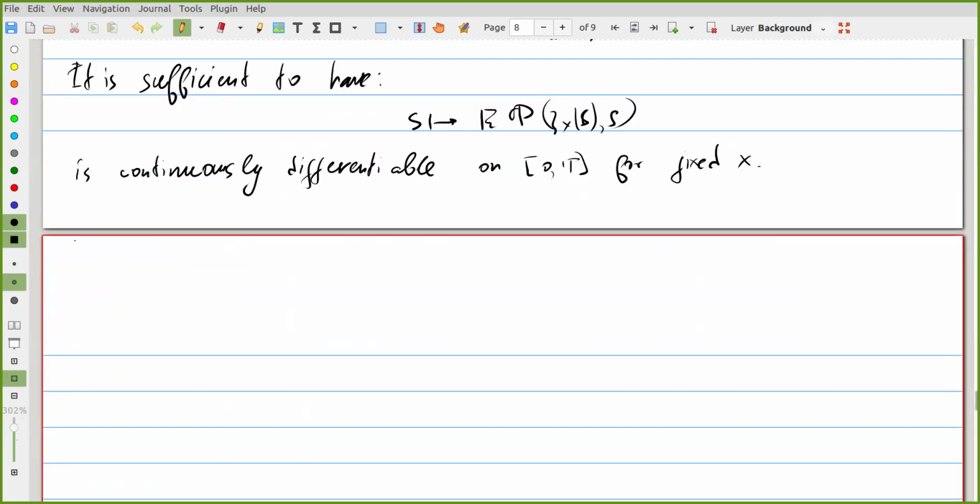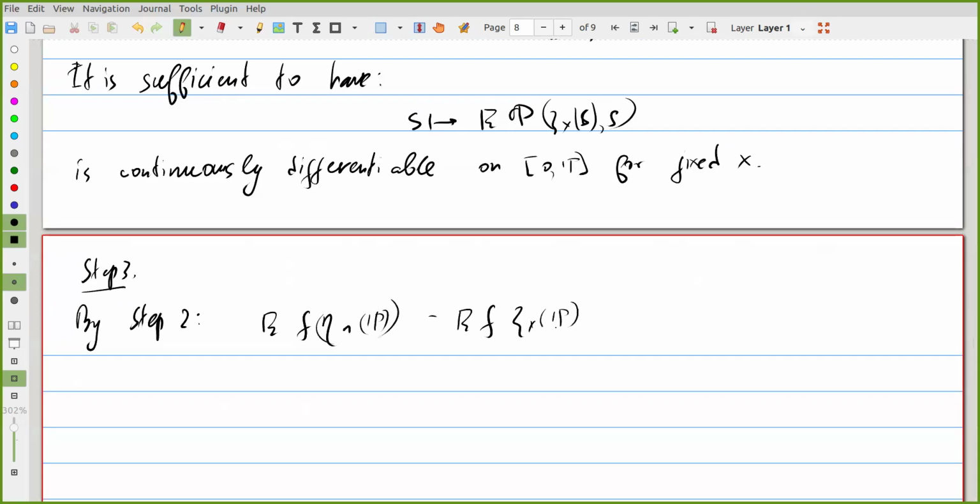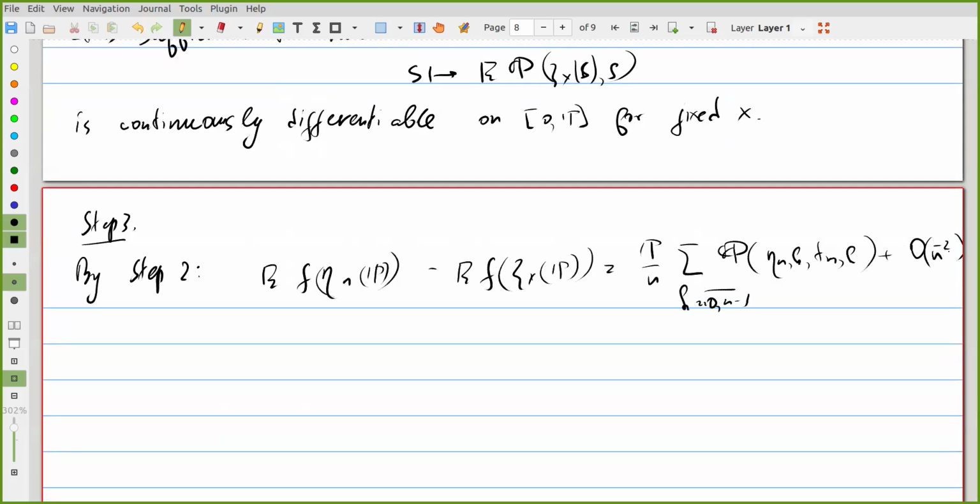Now we need to combine these two steps. So step 3 is going to combine by step 2 our error plus something small, sufficiently small, is actually even smaller.